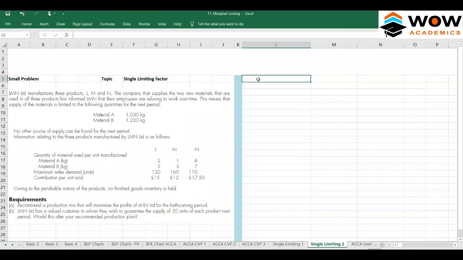We'll again start with this problem. This is a very similar problem to what we have done earlier, and we can work it out.